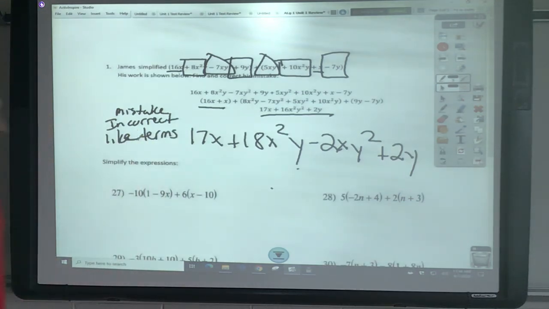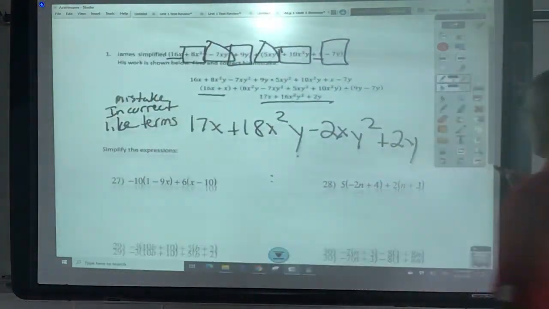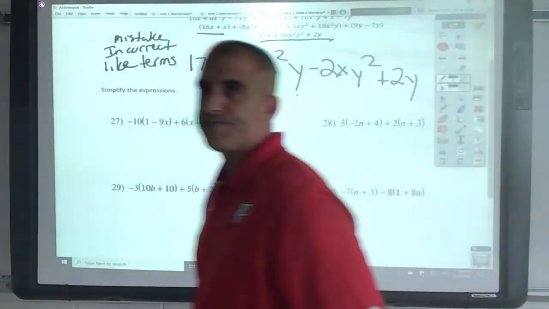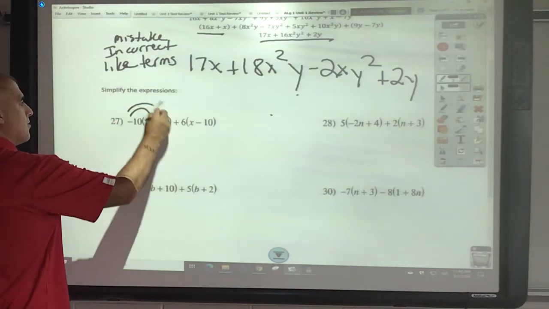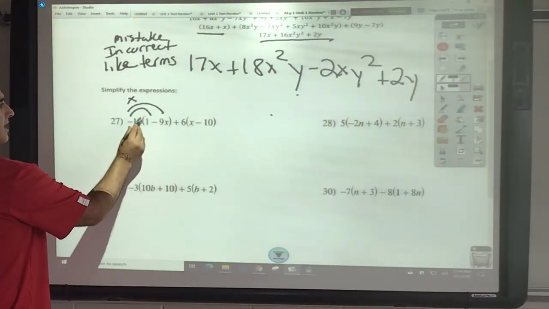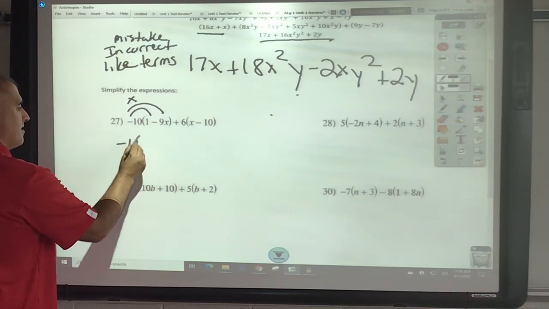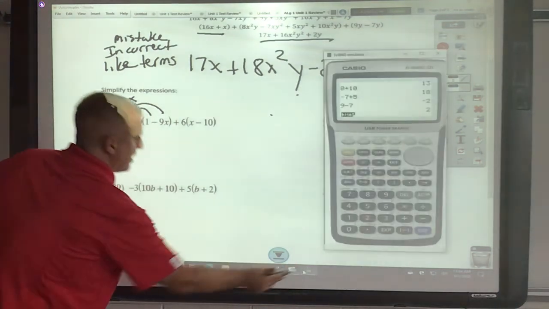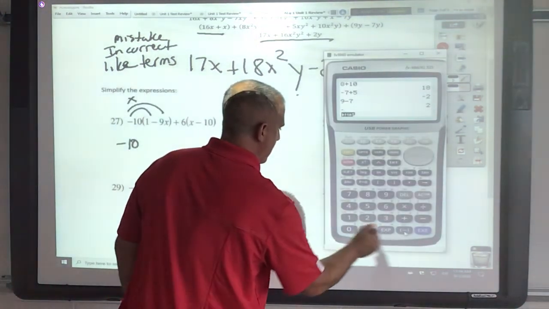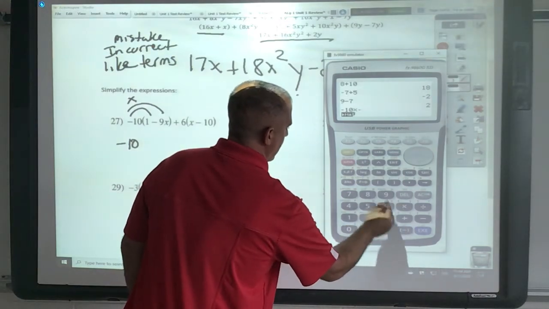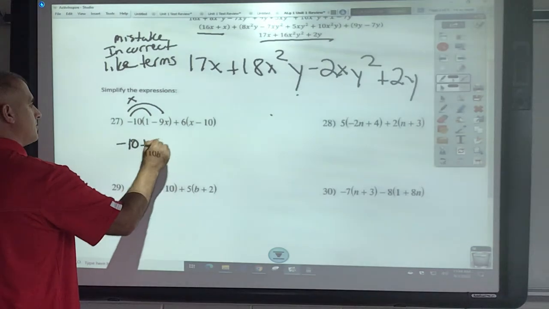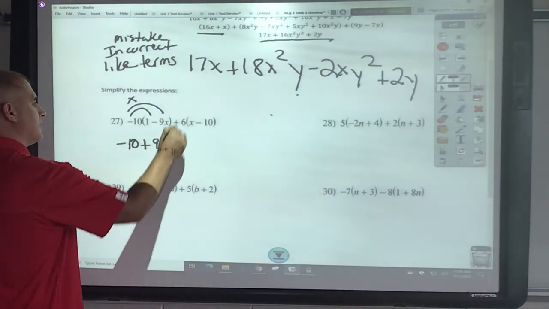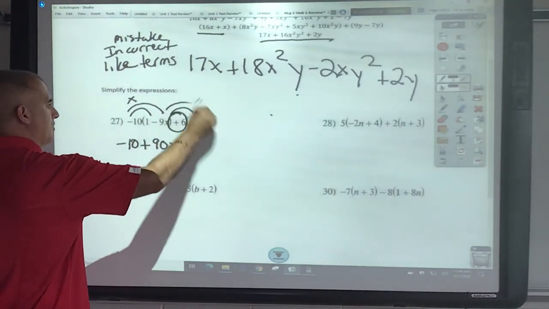Now we're moving on to these distributive property questions. What you're going to want to do is take this and multiply. So -10 times -9, you can use your calculator if you need to, you can use the Desmos calculator. That's going to be 90x. Then I take 6 and multiply.